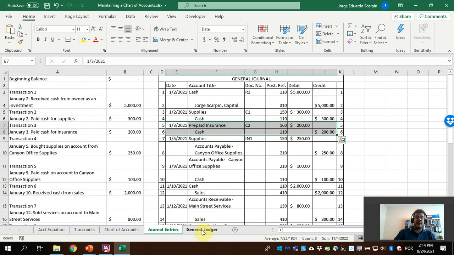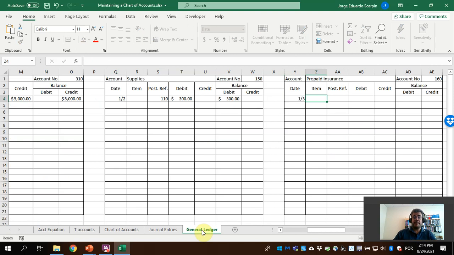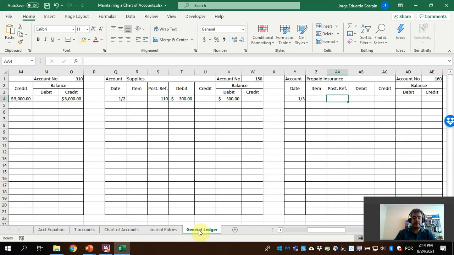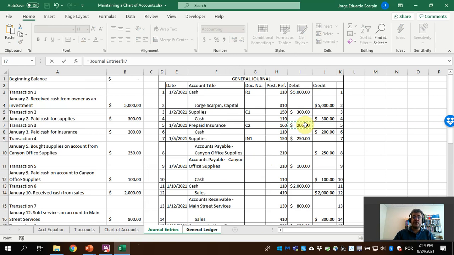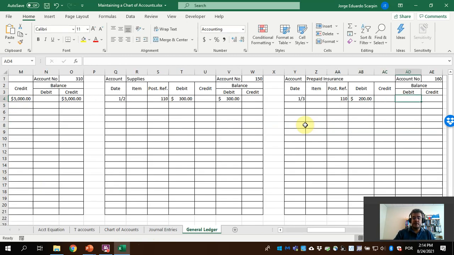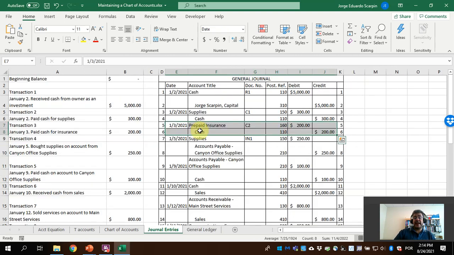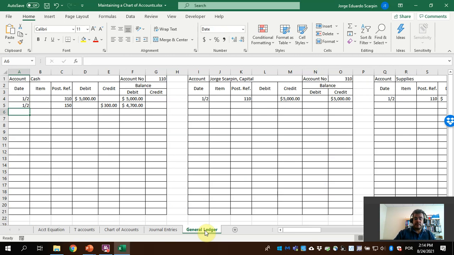160. Date, January 3rd. Post-ref, cash, 110. Debit, 200. So the ending balance is the 200. The credit is cash, so we go back to cash. January 3rd.